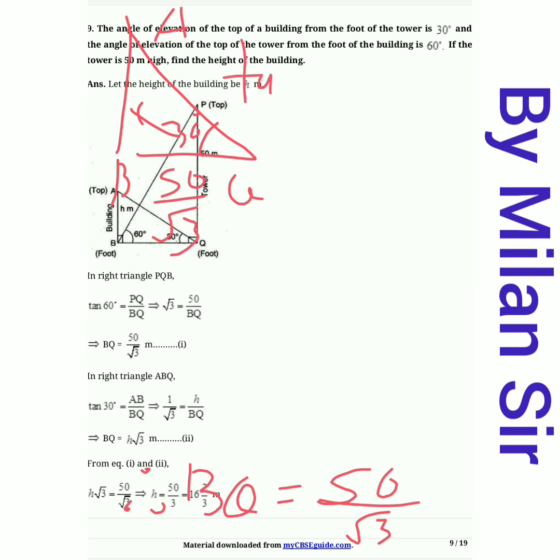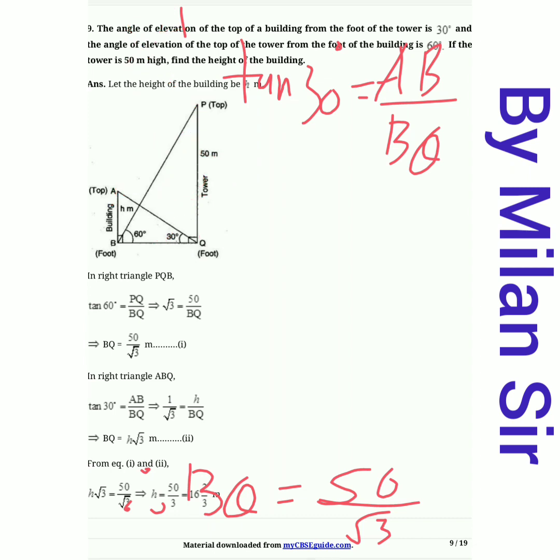Here the angle is 30 degree, that's why tan 30 is equal to the opposite side AB upon the adjacent side BQ. Okay, now I rub this triangle. Put the value of tan 30, it is 1 upon under root 3.